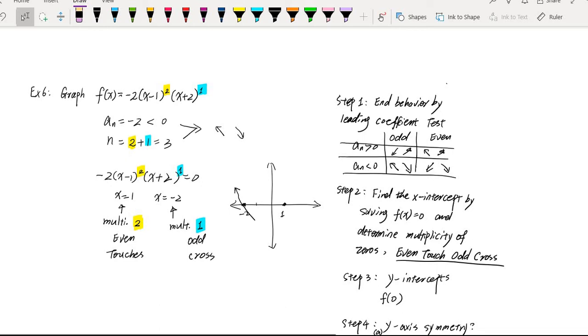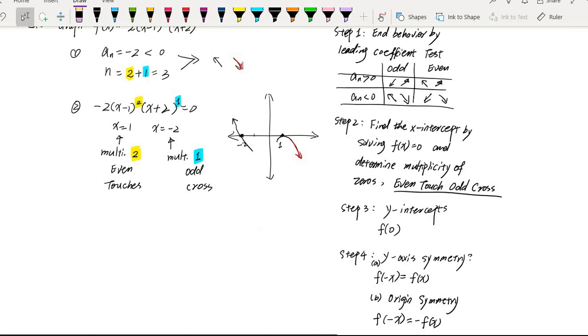That's why I'm drawing this arrow right here. And then our 1, in this case, x equals 1 is going right there. Because x equals 1 is even, it touches, so this is going to turn and then go down.